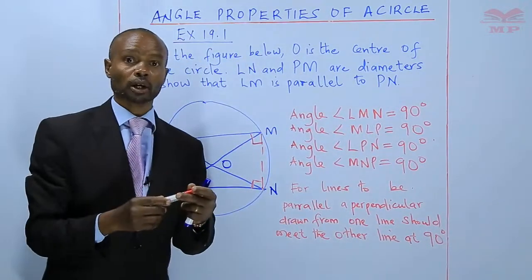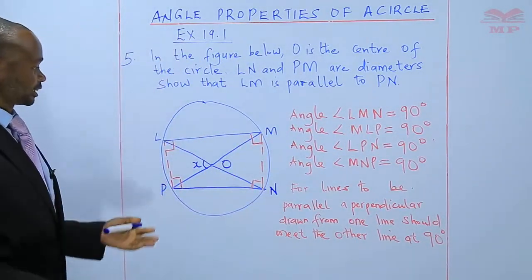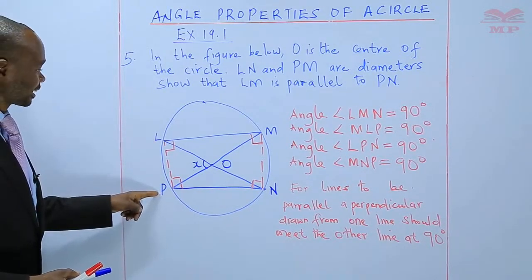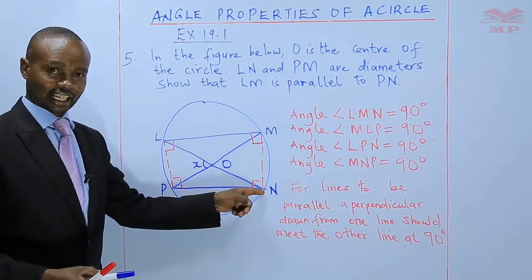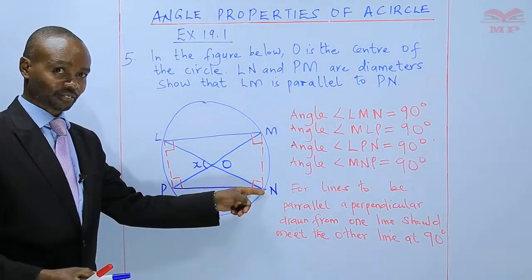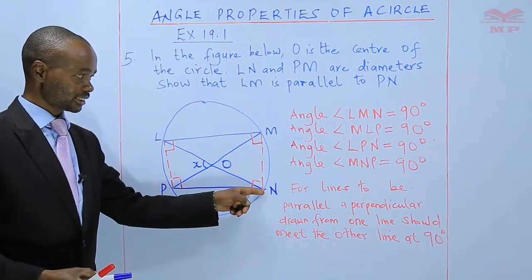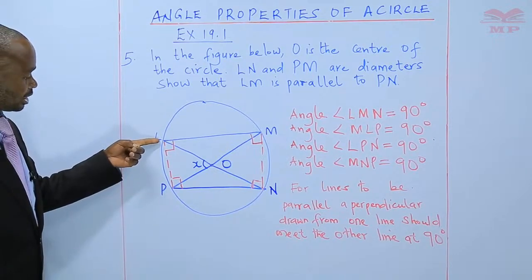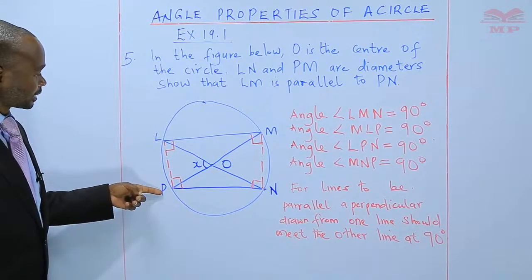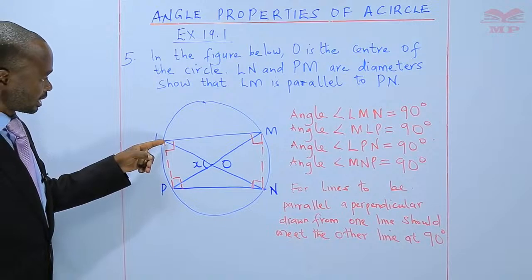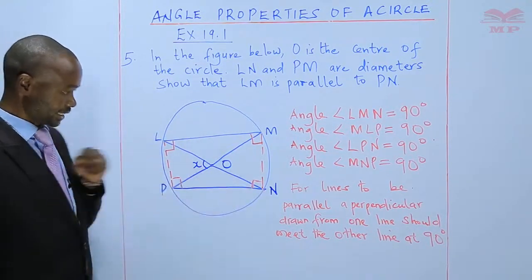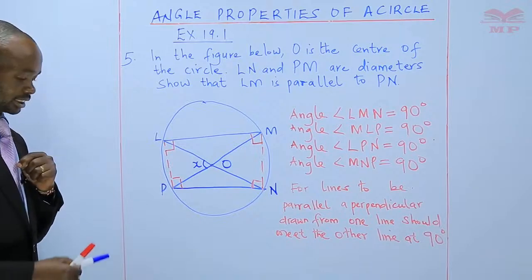So let's go to our diagram and see, does that happen? LP and MN are acting as our perpendiculars, isn't it? When you say perpendicular LP, it is rising from which line? Line LM. And it goes to meet line PN at 90 degrees.